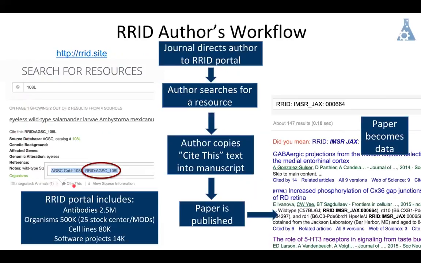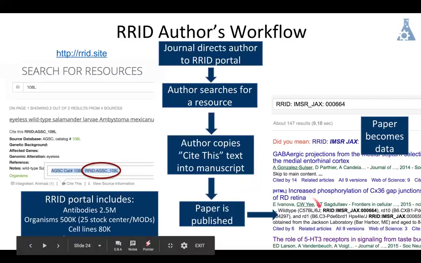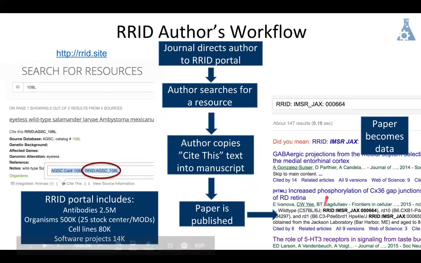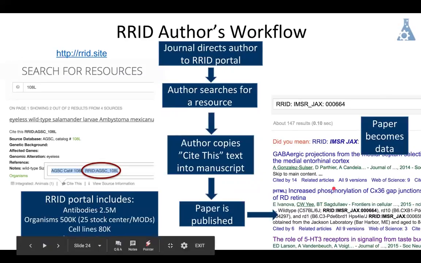But then there is a little Cite This button that opens up into a box that can be copied and then pasted into the manuscript. As the manuscript is published, it is searchable by Google Scholar, by PubMed Central, or anywhere else you want to search. So now that identifier can be searched by very, very simple means.